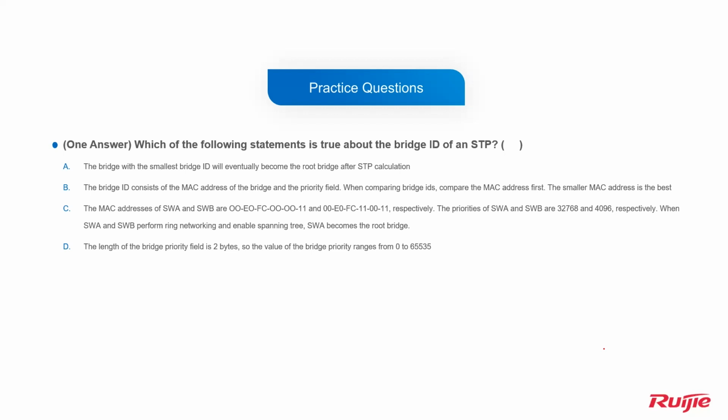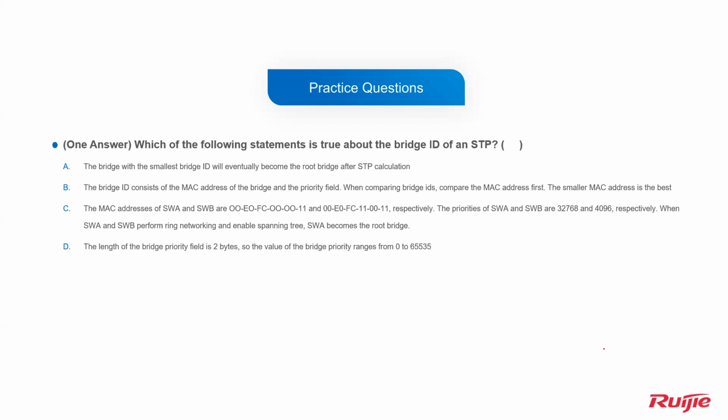C, the MAC addresses of SWA and SWB are shown here. Respectively, the priorities of SWA and SWB are 32768 and 4096. When SWA and SWB form a ring network and enable spanning tree, SWA becomes the root. Of course, no, because SWB's priority is 4096, which is smaller than the priority value on SWA, so SWB will be the root.